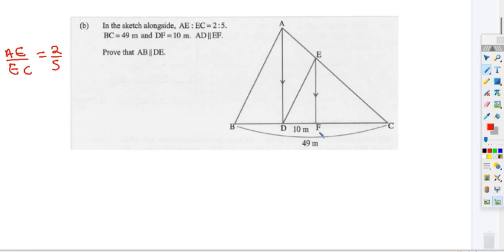This is AD parallel to EF. This is what we are supposed to prove, that AB is parallel to DE. How are we going to do that? All right. I'm seeing two triangles here, and we can separate these two triangles.